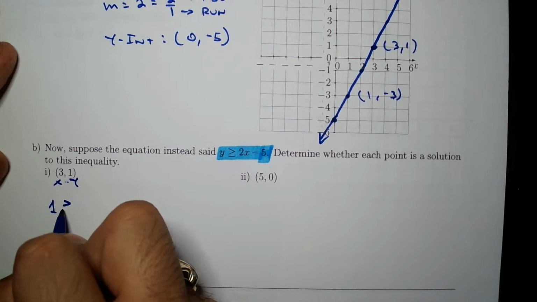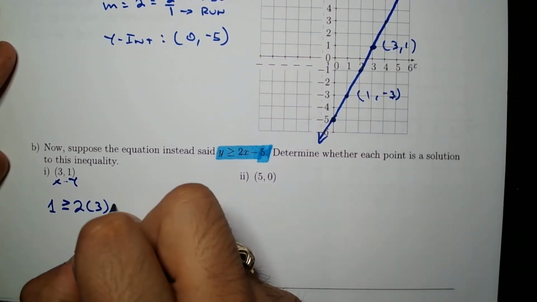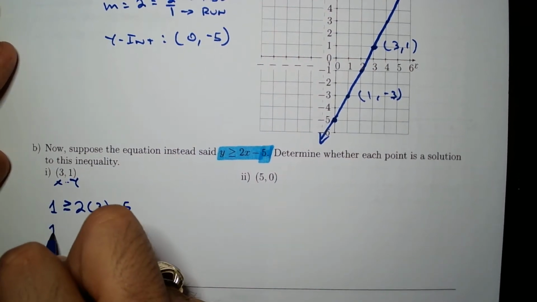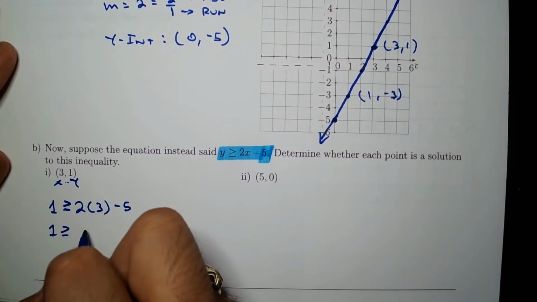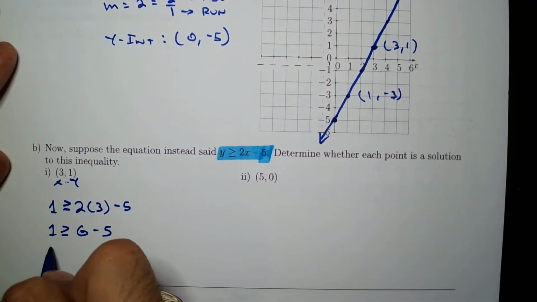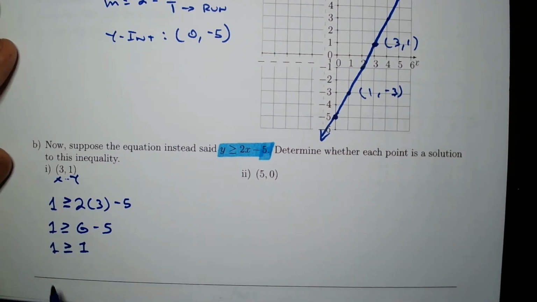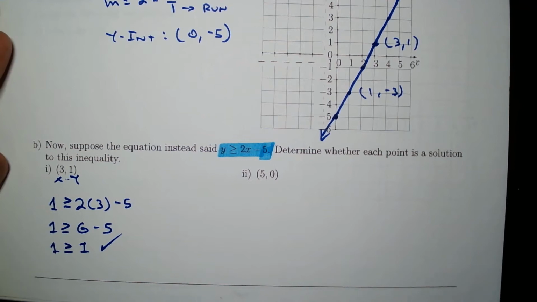Is 1 greater than or equal to 2 times 3 minus 5? Well, 2 times 3 is 6, minus 5, and that's 1 greater than or equal to 1. So 1 is greater than or equal to 1, and the inequality is met in this case.